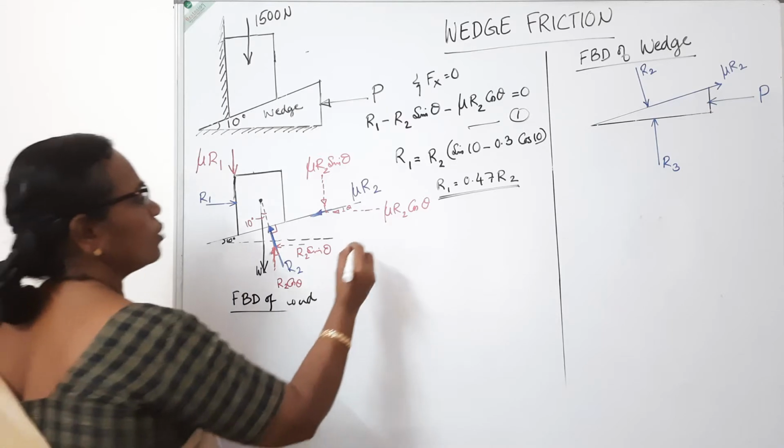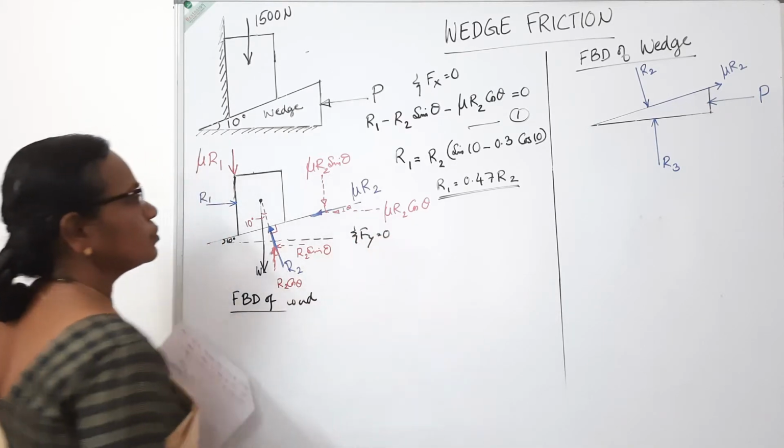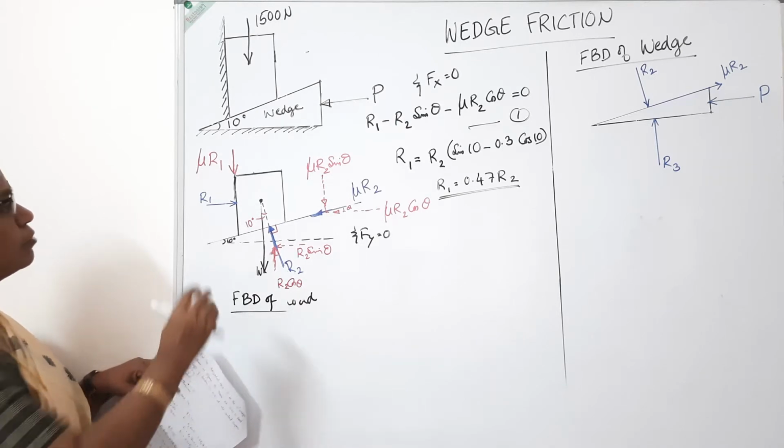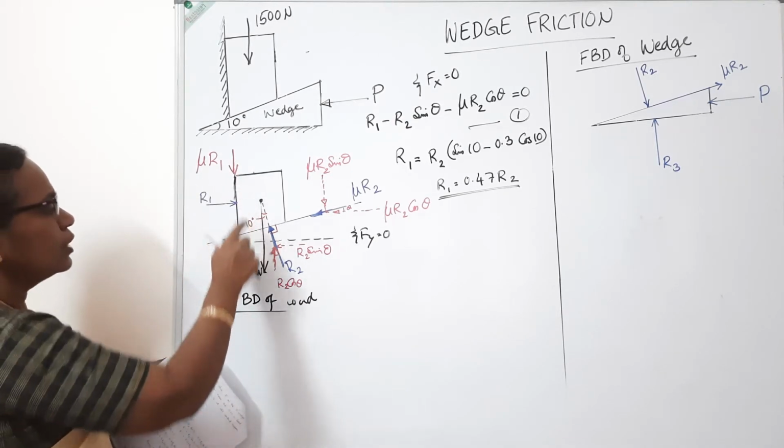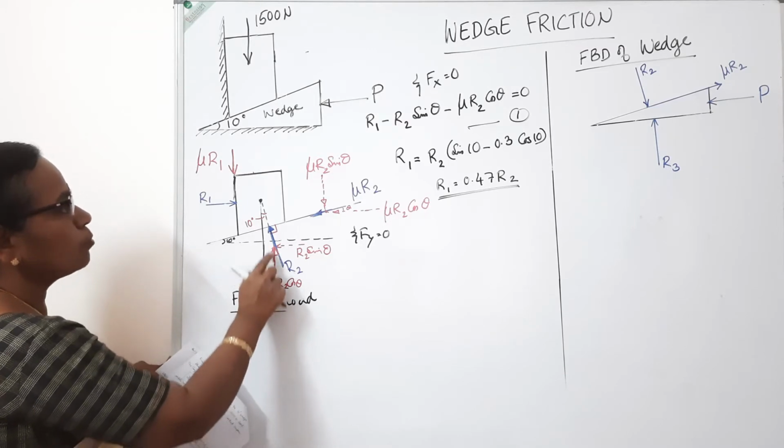Now let us write sigma Fy is equal to 0, sum of all the vertical forces. Vertical forces: mu R1 is downward, W is downward, this R2 cos theta is acting upwards.